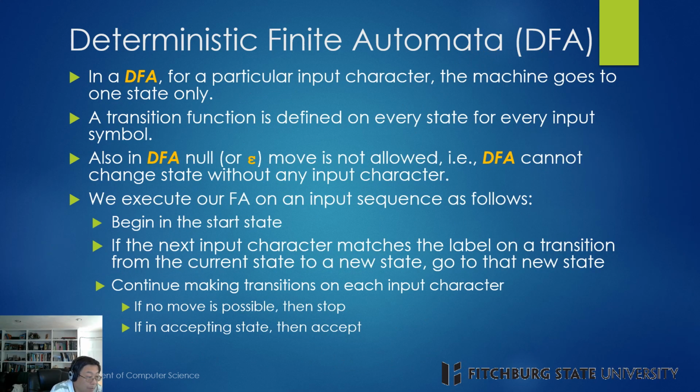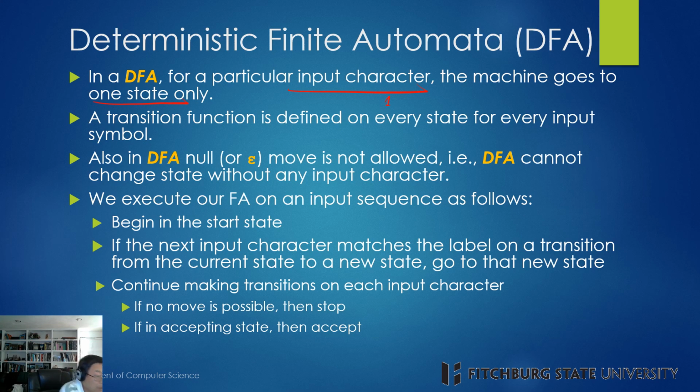So in the DFA, the Deterministic Finite Automata, for a particular input character, let's say 1, the machine goes to only one state. That means if it starts from the current state A and the input character is 1, then the transition function has to define the next state to go to.